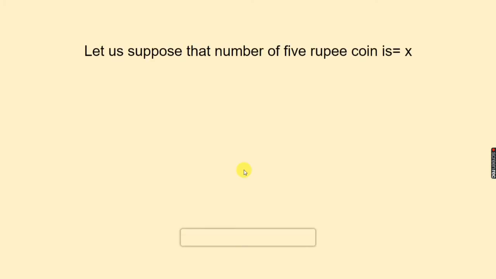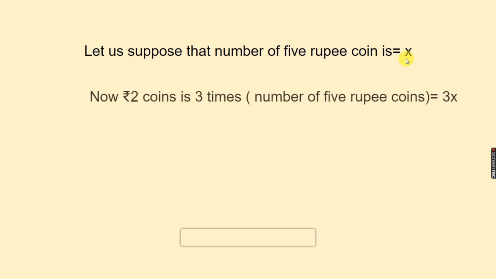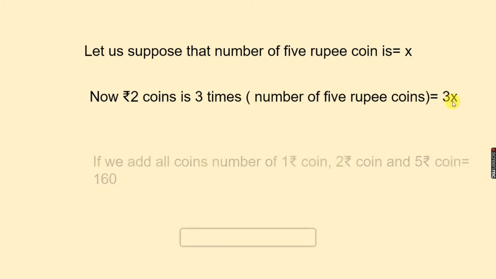So now let us suppose that the number of 5 rupee coins is x. If the number of 5 rupee coins is x, and 2 rupee coins is 3 times the number of 5 rupee coins, as given in our question, then the number of 2 rupee coins would be 3x.